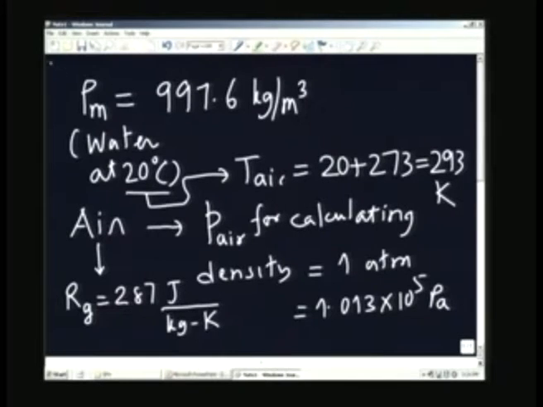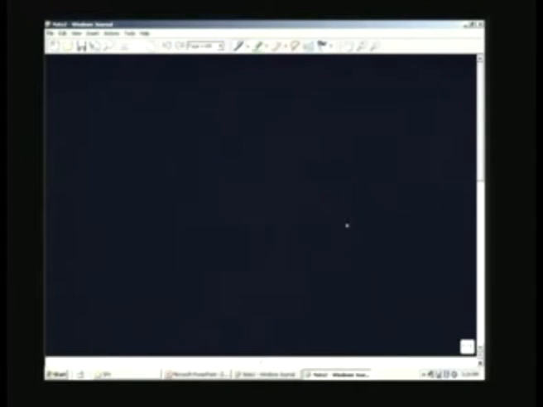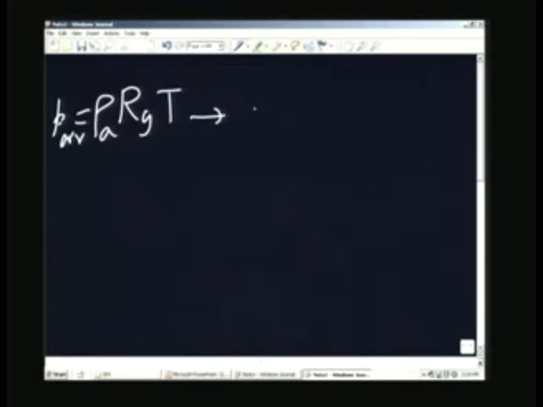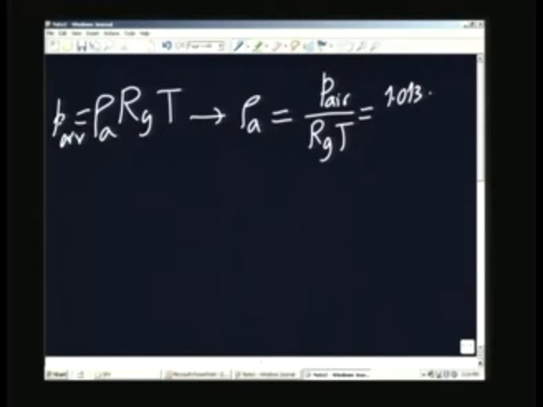So, by using the equation of state, Rg times T is equal to P by rho, we can calculate rho of air, or the fluid in which the measurement is being made, equal to P by Rg times T, which is 1.013 multiplied by 10 to the power of 5 divided by 287, that is Rg, multiplied by 293.